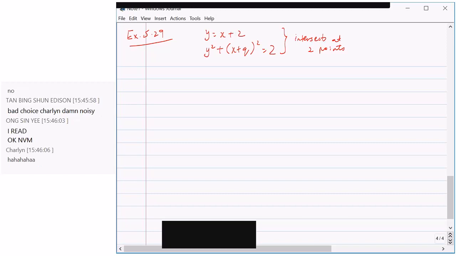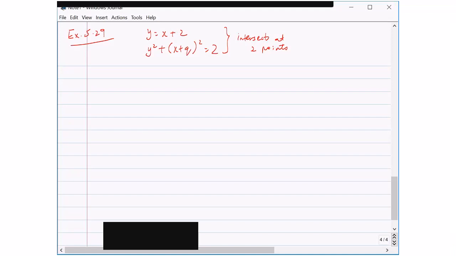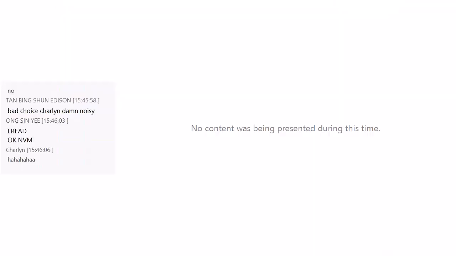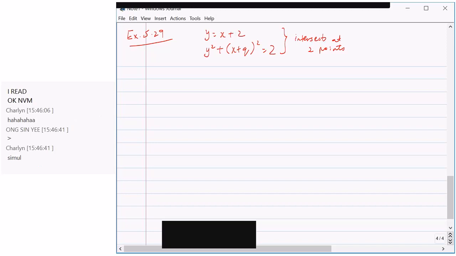Two distinct points, okay? Remember last week, what did we say? When two graphs are to intersect at two distinct points, what do we do first? Remember or not? Testing your prior knowledge. Simultaneously, exactly. So I'm going to equate the two, combine them into one equation.